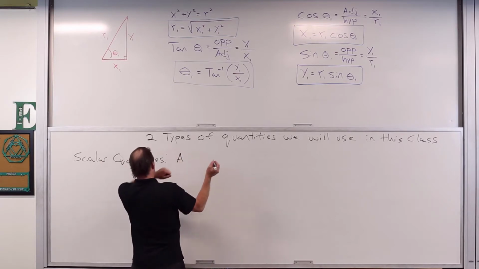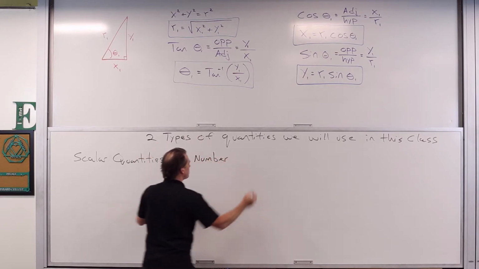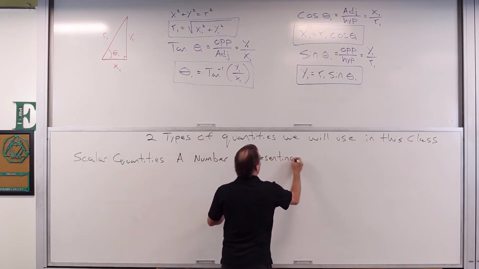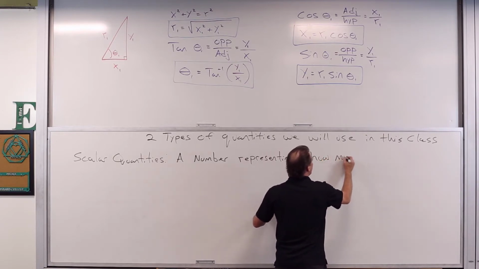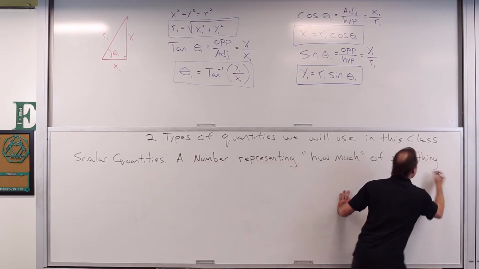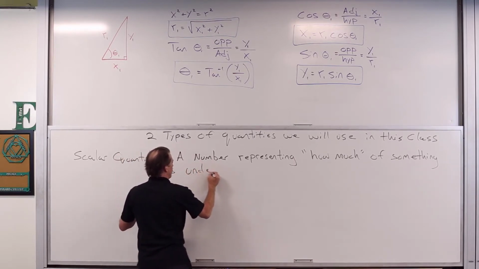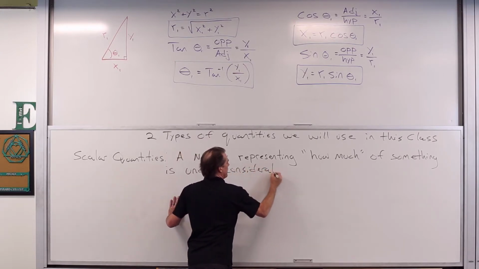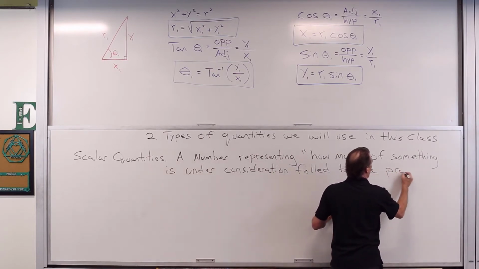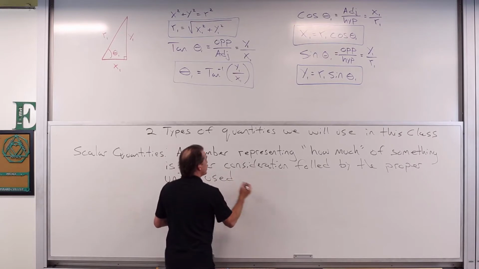So, a number representing how much of something is under consideration, followed by the proper units used to identify that something.